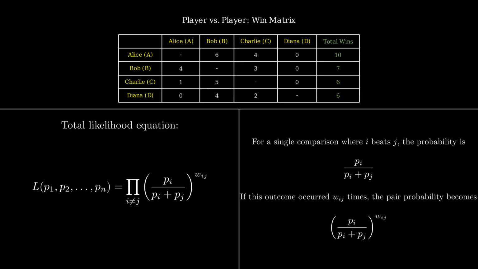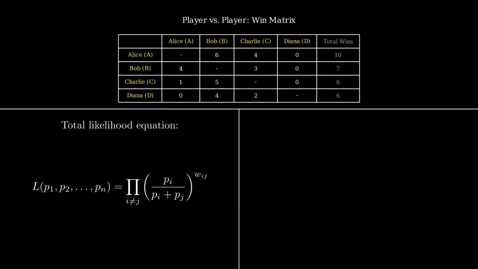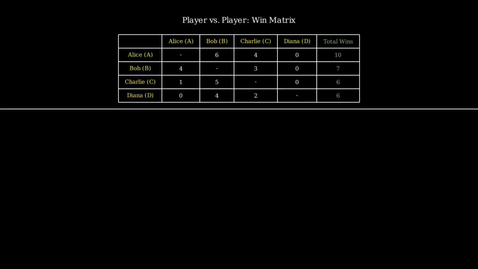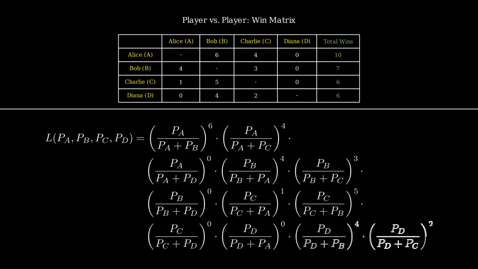Let's take a look at what the total likelihood equation looks like when it's expanded out for our specific data. The probability that Alice beats Bob 6 times is this probability. The probability that Alice beats Charlie 4 times is this. And so on. Just for repetition, the probability of Charlie beating Alice 1 time is here.